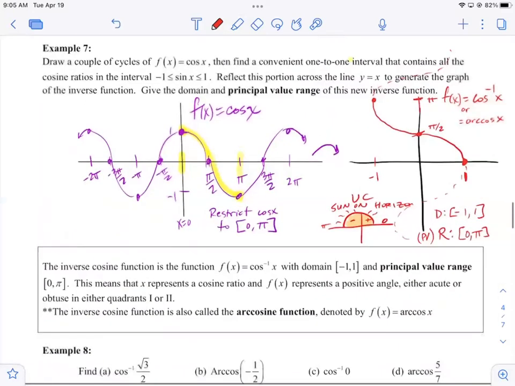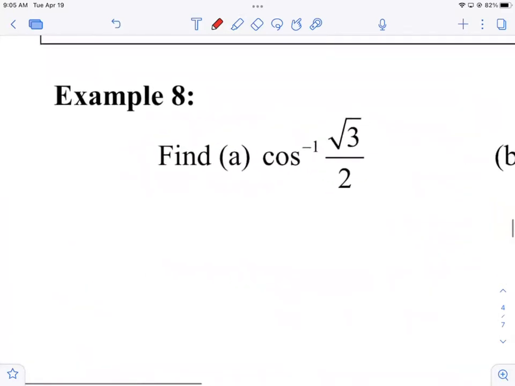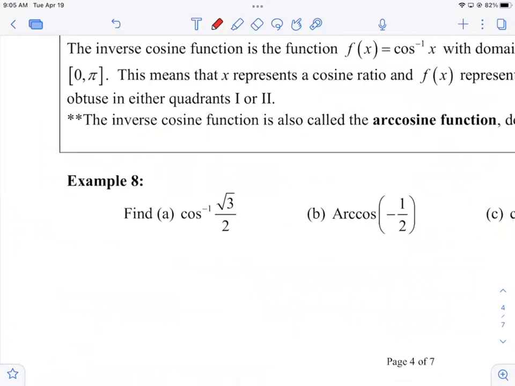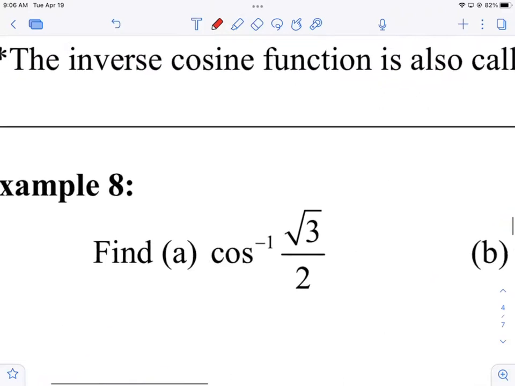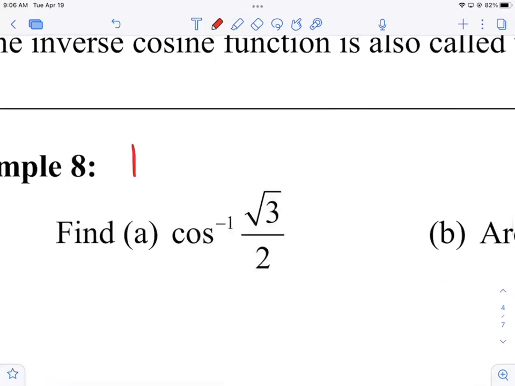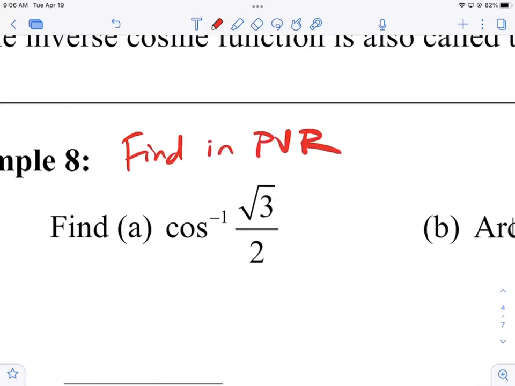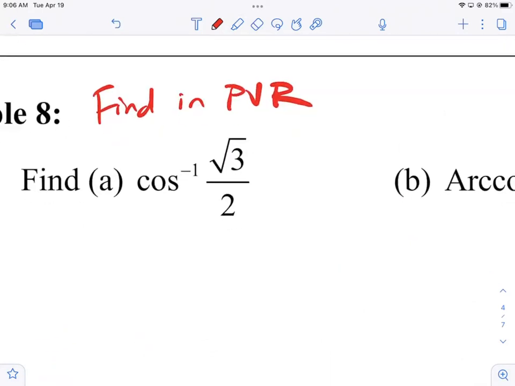Okay, cool. Let's try it out. Let's do these. Pretend that these are all in the PVR. Find in the PVR: inverse cosine of positive square root of 3 over 2.